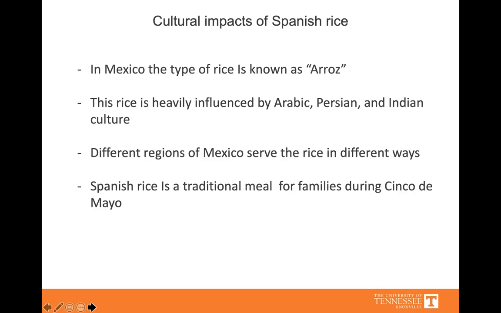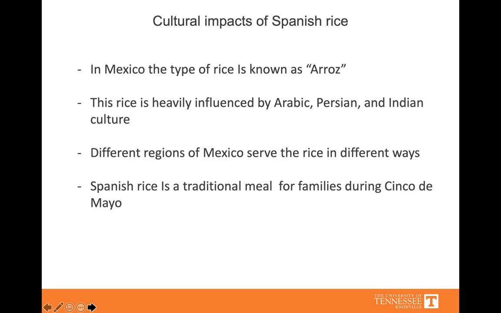The cultural impacts of Spanish rice. In Mexico, this type of rice is also referred to as arroz, which simply means rice. It is really only referred to as Spanish rice in the United States. This rice has heavy influence of Arabic, Persian, and Indian culture. As we mentioned, it is not native to the Mexico area, so it has a lot of influence on Western civilization.